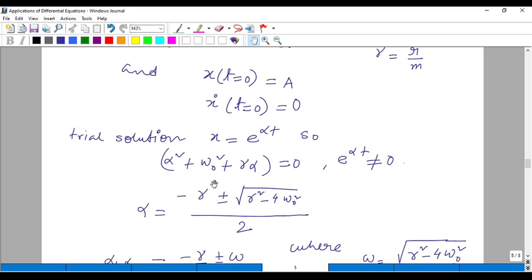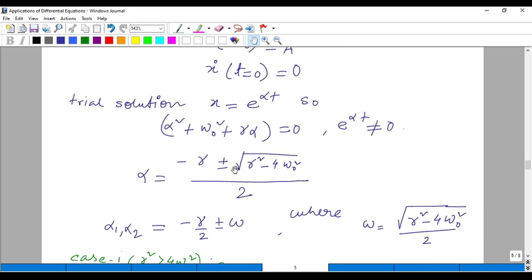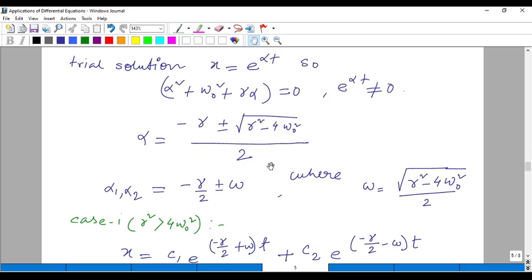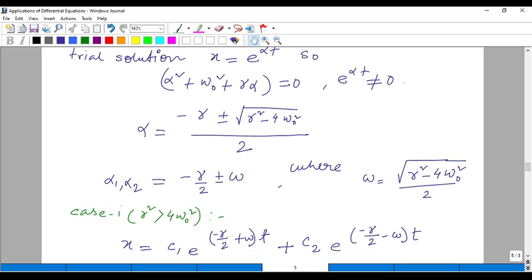The auxiliary equation has two roots: minus gamma plus root over gamma square minus 4 omega 0 square by 2, and minus gamma minus root over gamma square minus 4 omega 0 square by 2. Writing this term as omega equal to root over gamma square minus 4 omega 0 square by 2, we can write alpha 1, alpha 2 is equal to minus gamma by 2 plus minus omega.